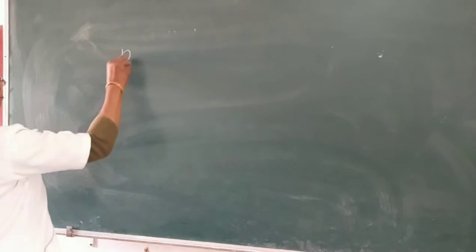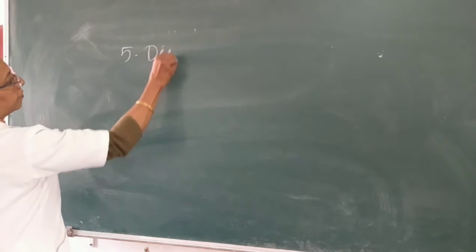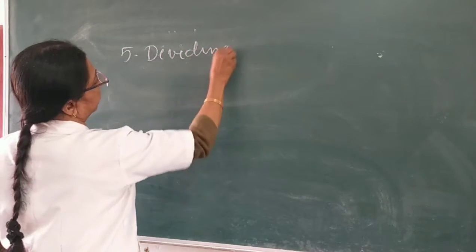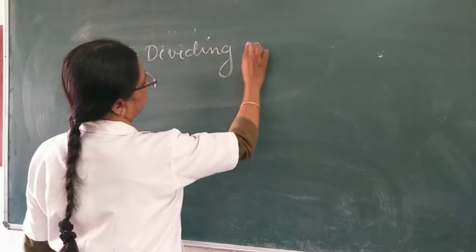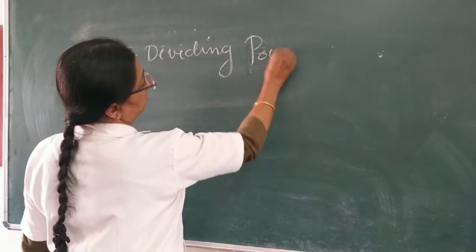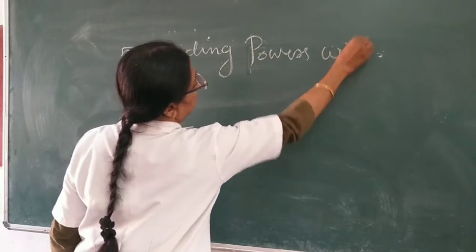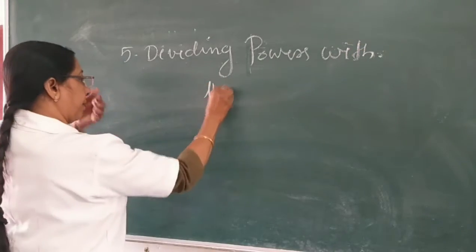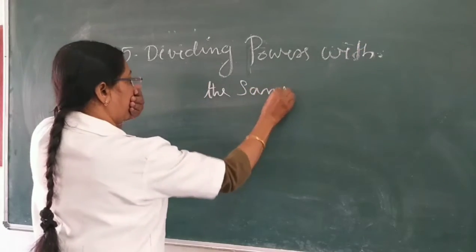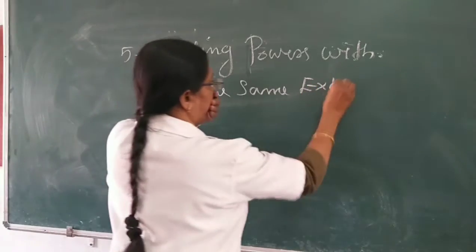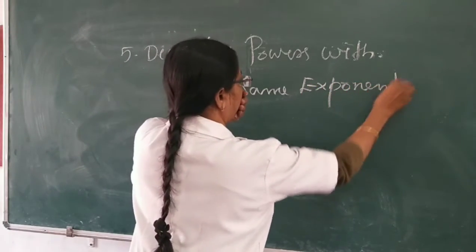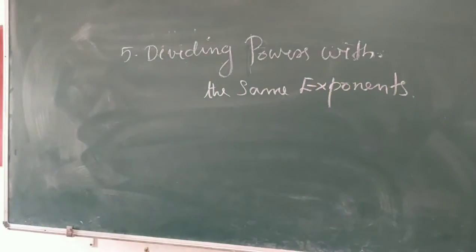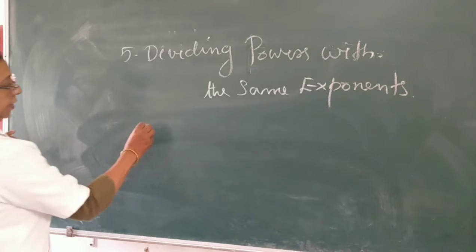Next, 5. Dividing powers with the same exponent. The exponent is the same, the base is different.